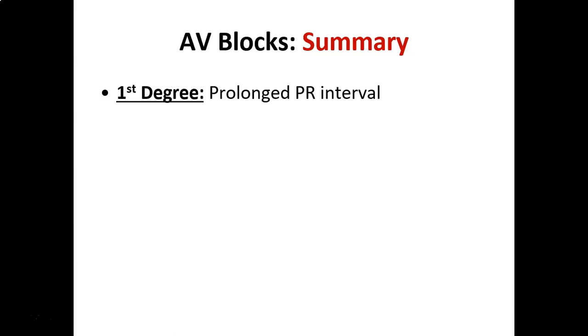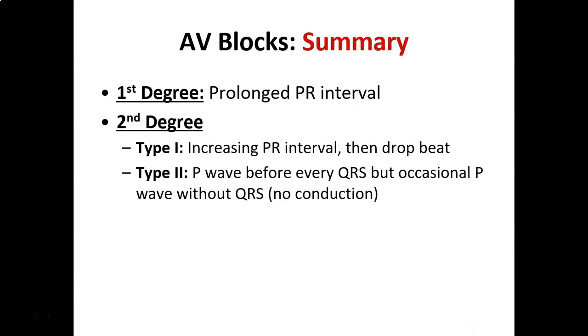So in summary, there are three types of AV blocks. First degree AV block, where the only finding is the prolonged PR interval. Second degree AV block, which has further two types, type 1 and type 2. In type 1, there is gradual lengthening of the PR interval, then one of the P waves is not followed by the QRS complex, and then the cycle repeats itself.